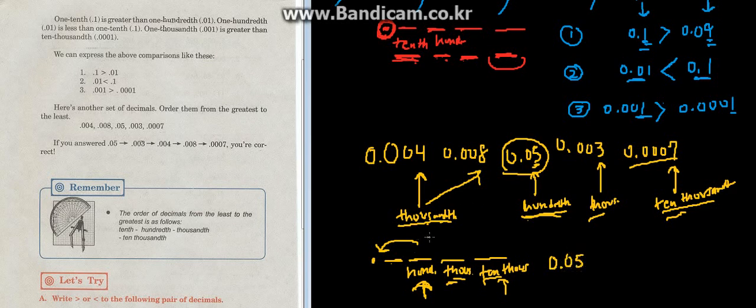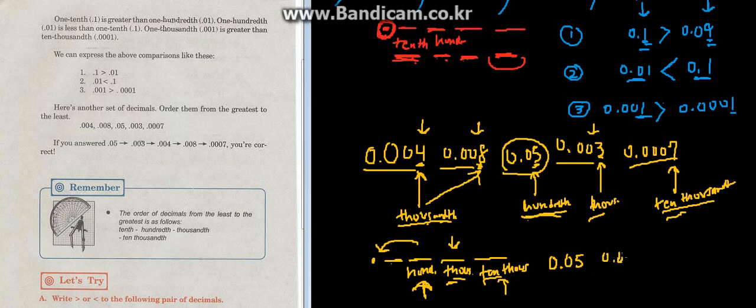Then we have the numbers that have their digits in the thousandth place, which are the first, second, and fourth numbers. They are all in the same place value, the thousandth. So now we compare the value of each digit: the 4, the 8, and the 3. Which is the biggest? The biggest is obviously this 8, right?